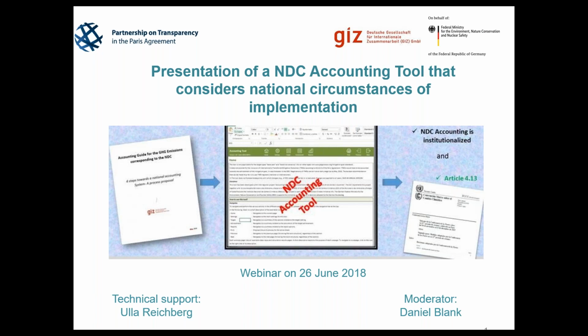All this is done with the idea to comply with the requirements set out in Article 4 and Article 4.13 of the Paris Agreement. And by doing so, we want to promote the institutionalization of NDC accounting, complying at the same time with the international requirements imposed by the Paris Agreement.